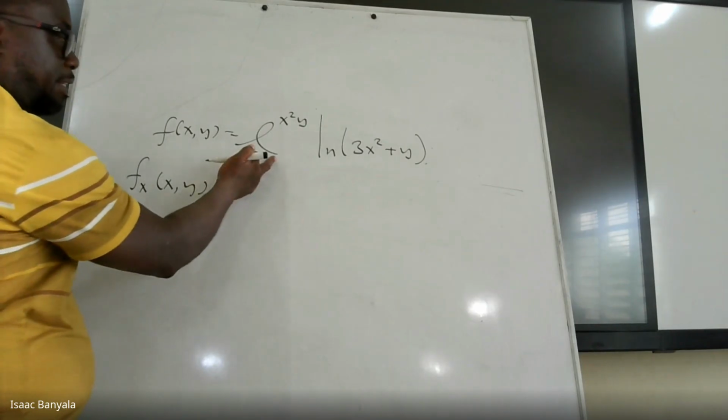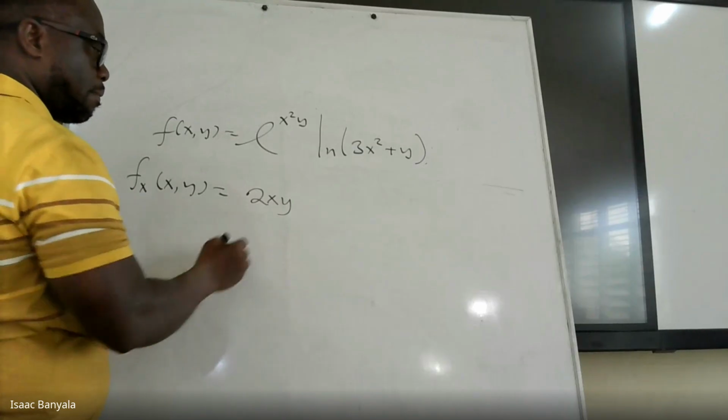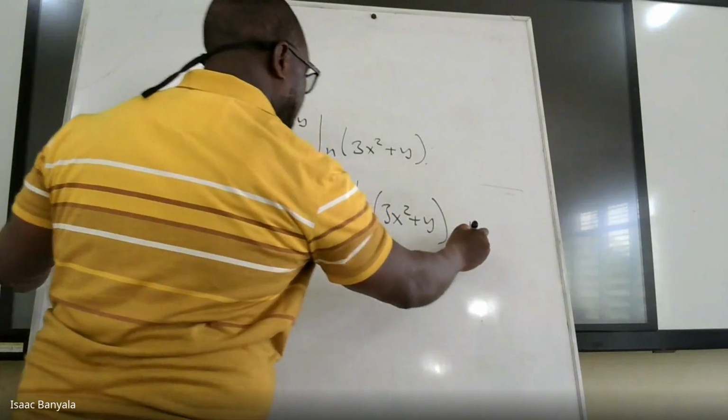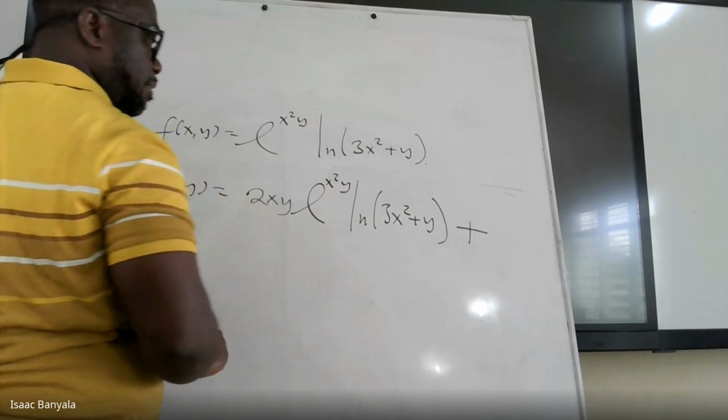We are differentiating e exponent x squared y, which gives 2xy e exponent x squared y, times ln of 3x squared plus y. Agree on that? Okay.